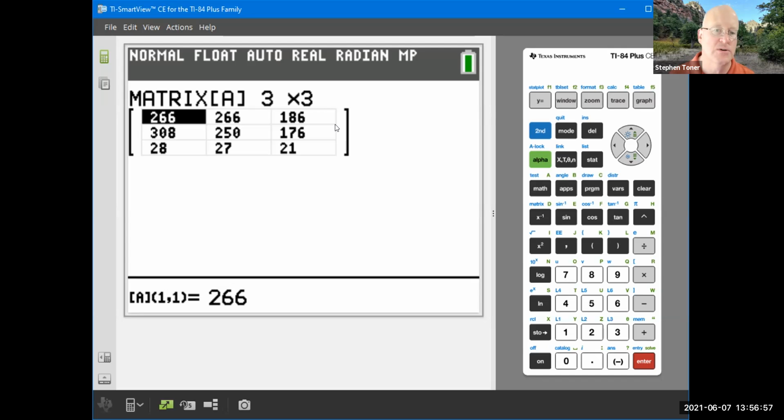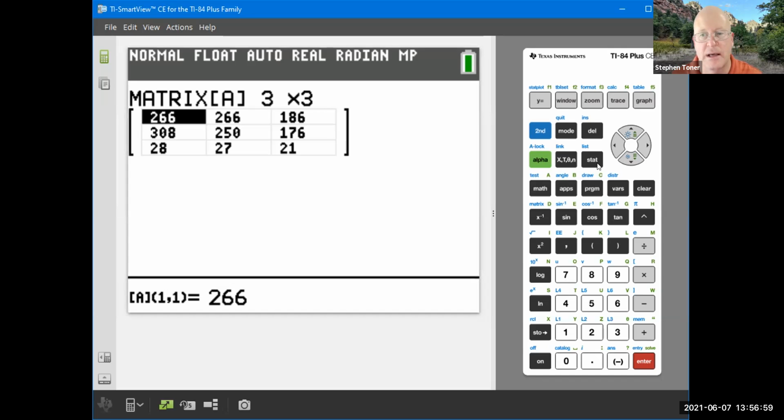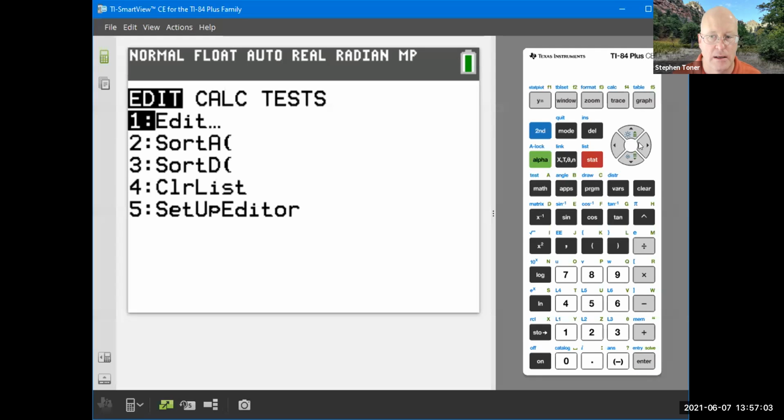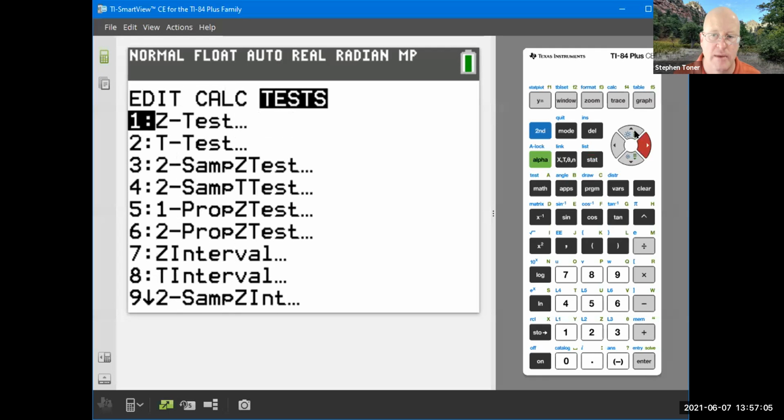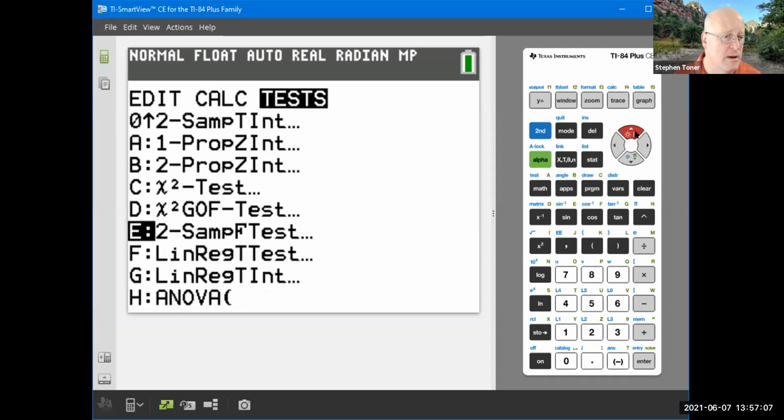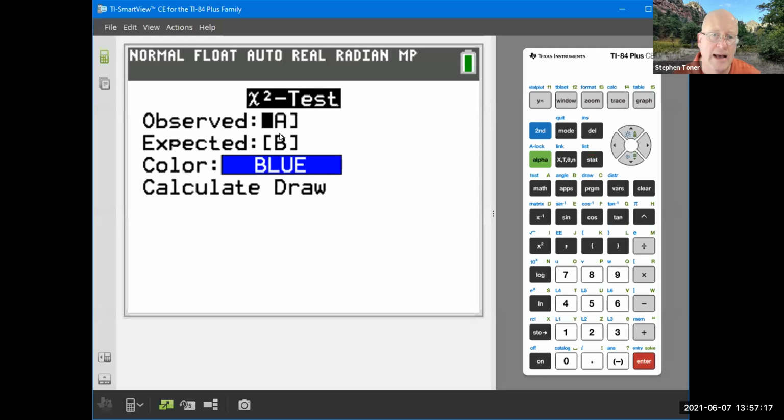After you have entered these in, you are then going to hit your stat button. You're going to go over to the test column, and then right near the bottom, you have the chi-square test, also known as the chi-squared independence test. When you choose that option, you tell it where the matrix is.